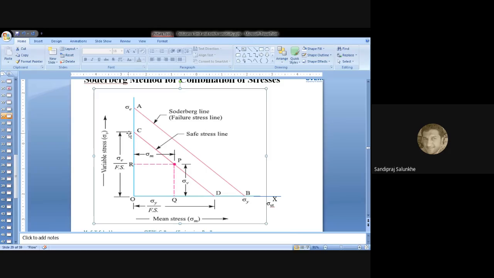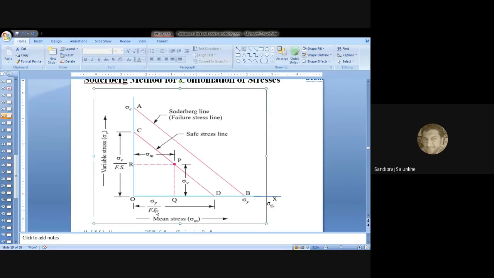And how can we calculate it? It can be calculated by the endurance limit divided by the factor of safety. In the same way we can find the value on the other axis, which here is not the ultimate stress but the yield stress. So yield stress divided by factor of safety.